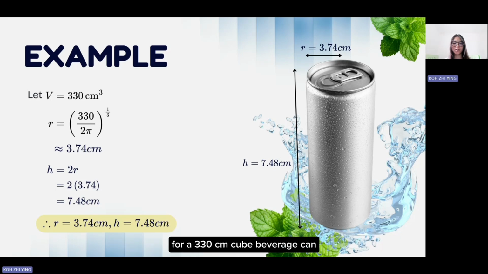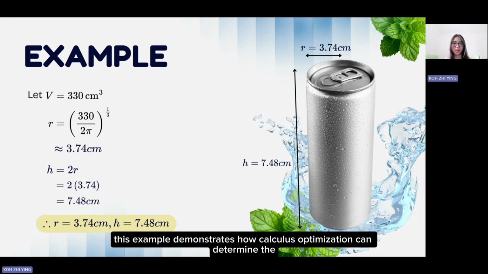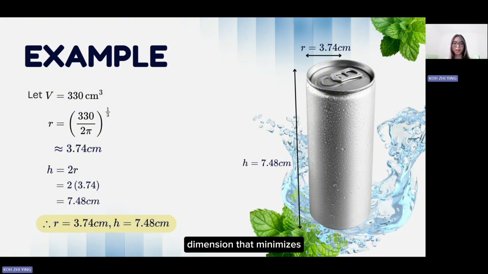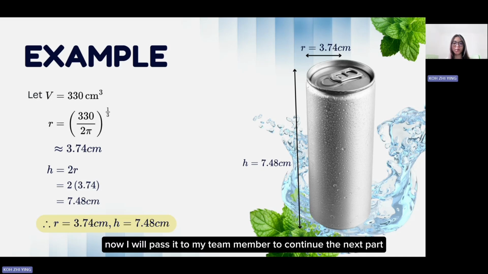Therefore, for a 330 cm³ beverage can, the most cost-efficient dimensions are approximately radius equals 3.74 cm, height equals 7.48 cm. This example demonstrates how calculus optimization can determine the dimensions that minimize material usage while maintaining the required volume. Now I will pass it to my team member to continue the next part.